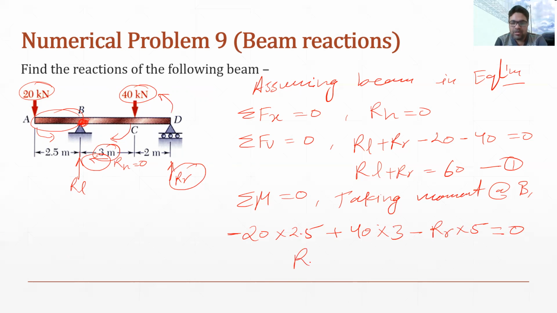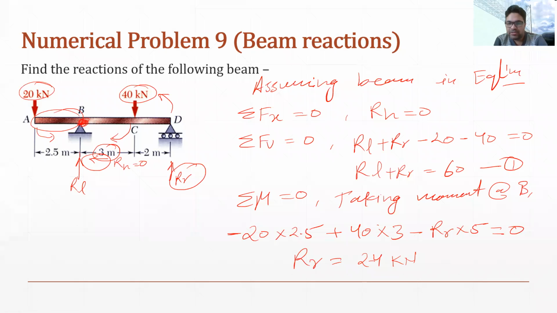Now after solving this, we get the RR value as 24 kilonewton.